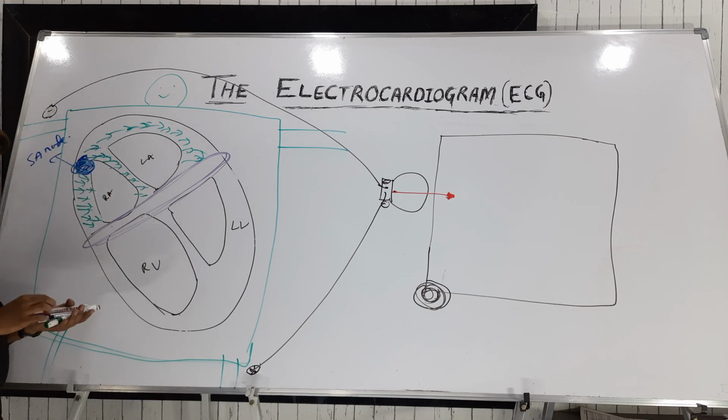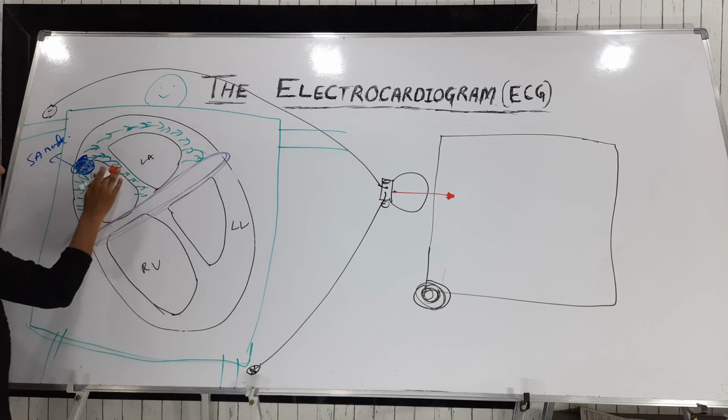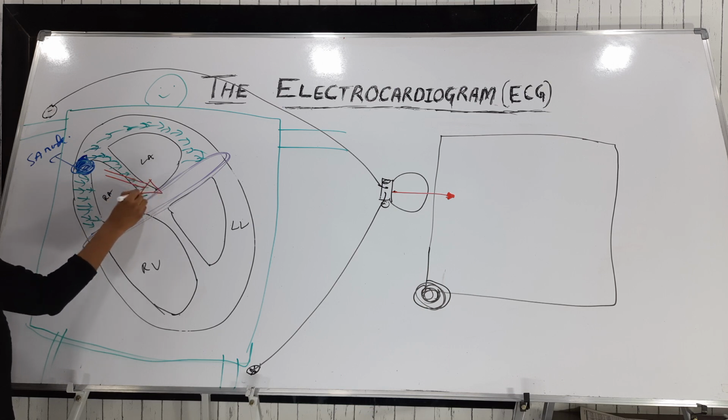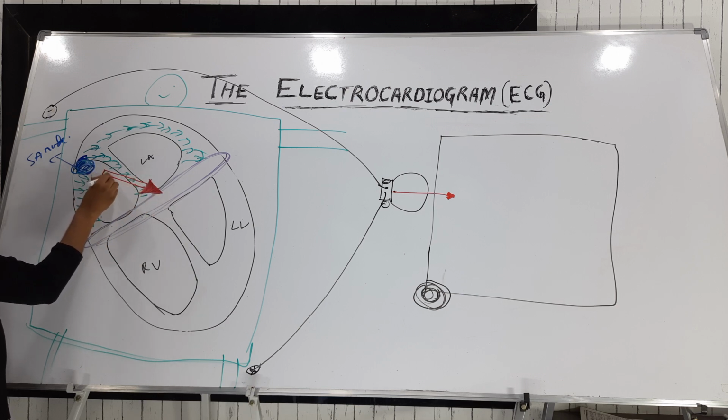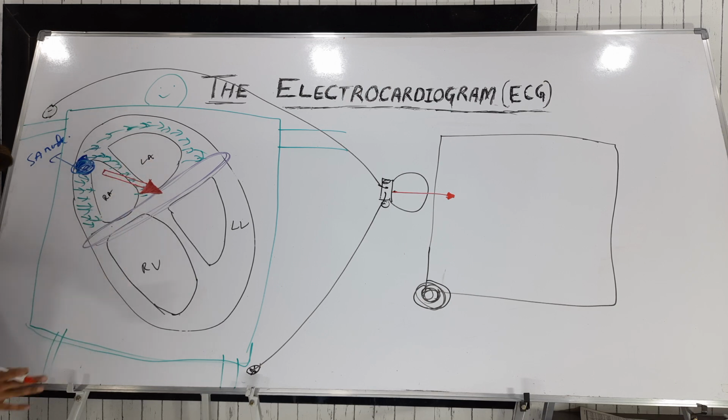Now one more very important thing, the concept of a vector. A vector is basically an arrow which tells the magnitude and direction of a force. Here the force is the electromagnetic force, and the direction of the arrow shows the direction of the current. So we can record this electrical activity in the form of a vector.